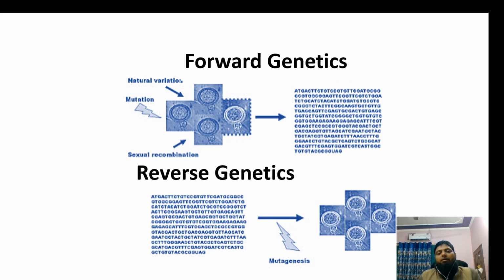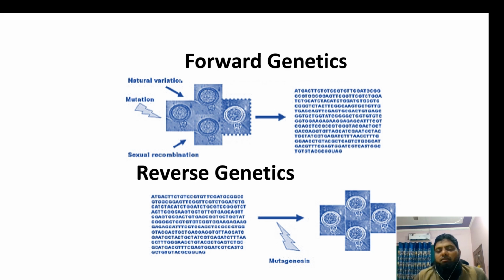So once we analyze the sequence of viral proteins, then we also go for the analysis of the viral genome. This will be an approach in the forward direction of genetics.